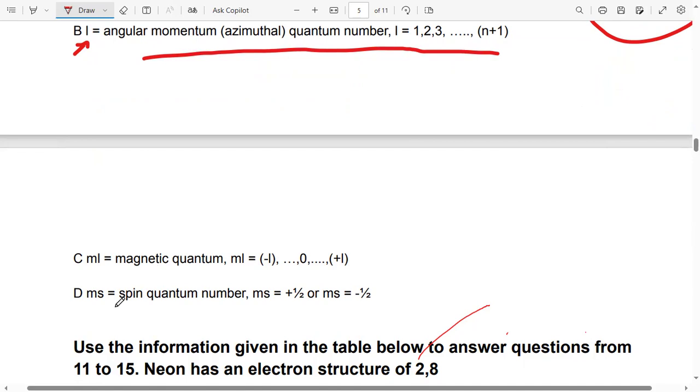And for the spin quantum number, you just have 2: it's either positive half, if an electron faces up, or minus half, if an electron faces down. So this statement is correct.